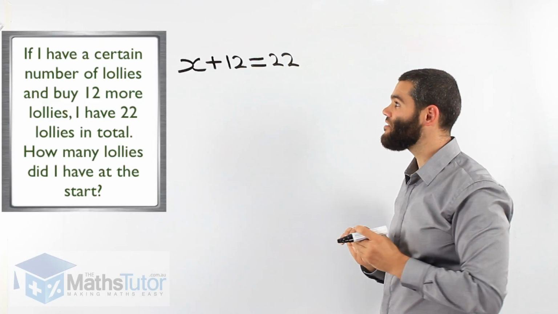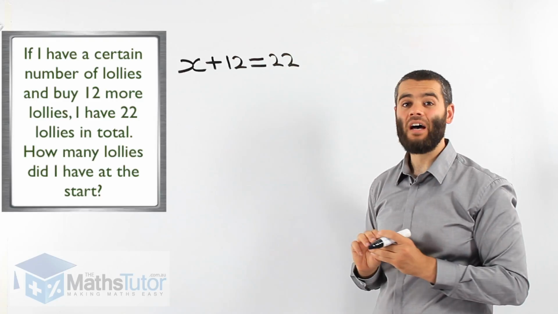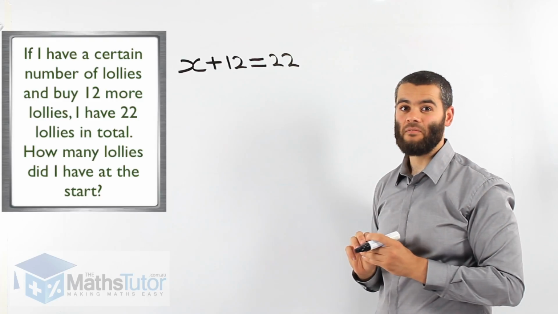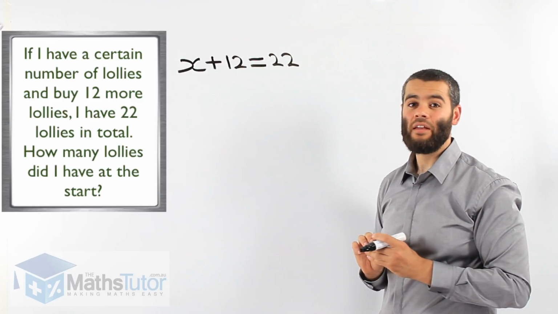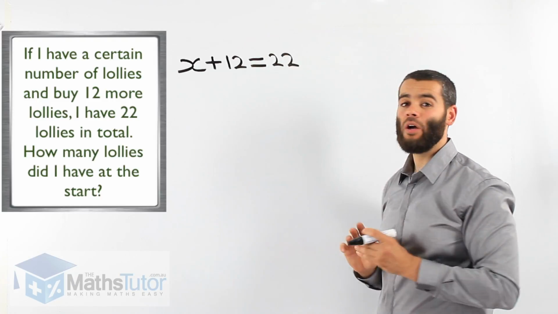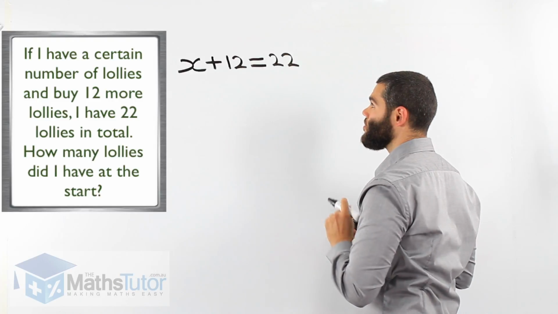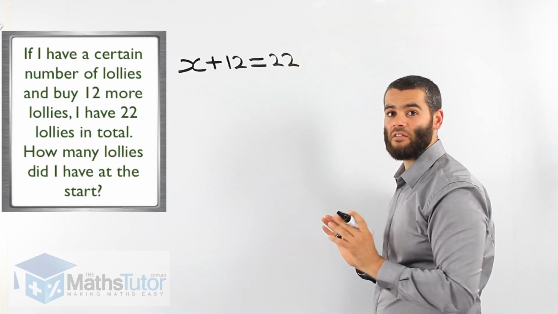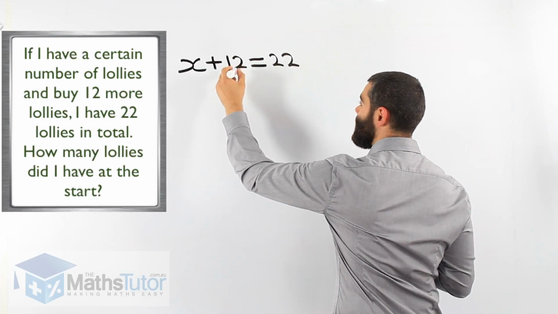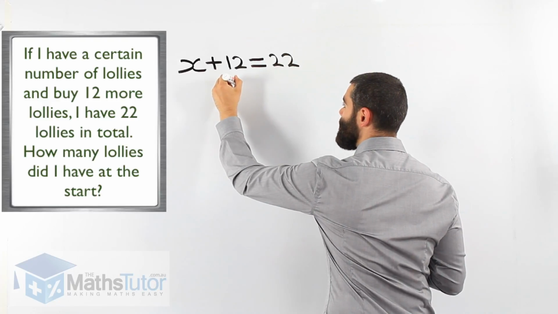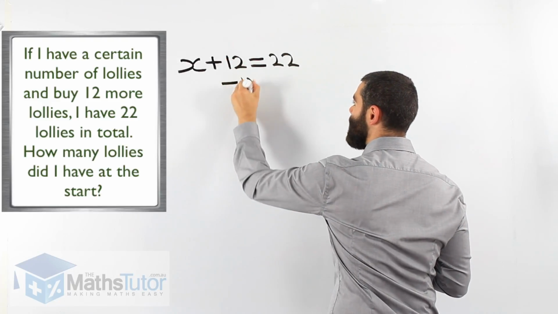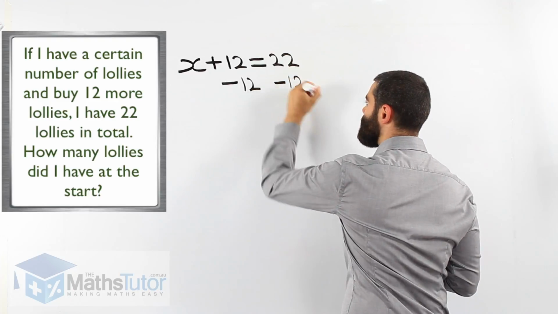Now let's find out. It says how many lollies did I have at the start? We want to know what X is. Well, we need to create an equation. We already did. Now we're going to solve the equation. What are we going to do? We're going to solve and find X. Well, we need to know that there is what we call the law of opposites. Plus 12 becomes minus 12, and minus 12 here.